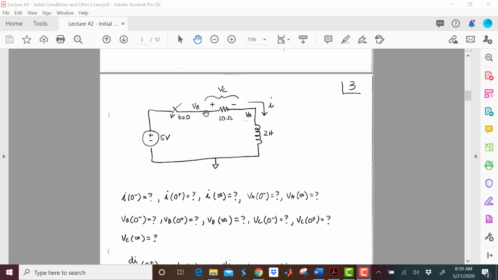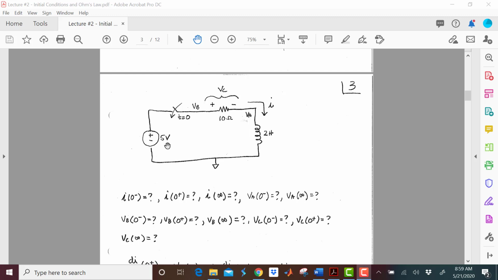I got no current through that resistor because the switch is open, so that means VB is going to be 0. Colloquially, you might say, oh, that thing's dead, nothing's connected. Yeah, that's reasonable. But I used the rules to show what dead was for this circuit. So let's see, we know our voltages and our current at t equals 0.